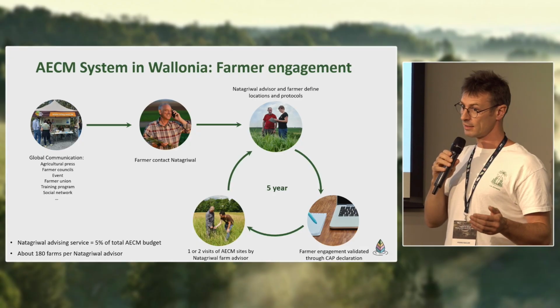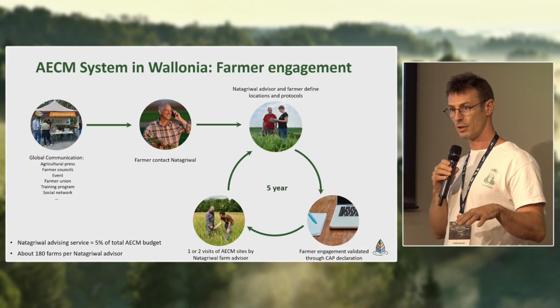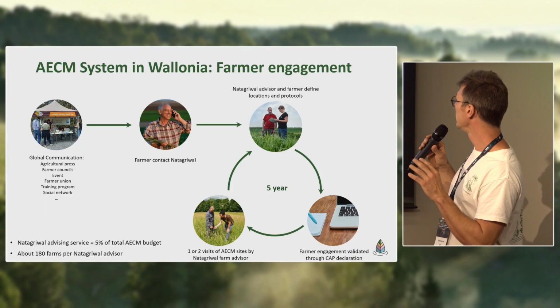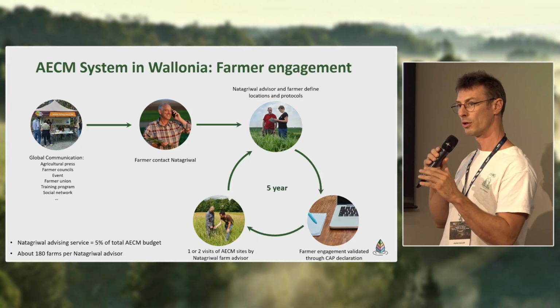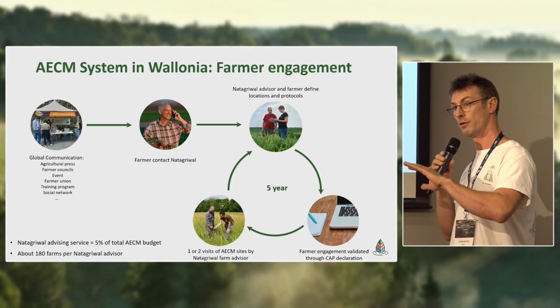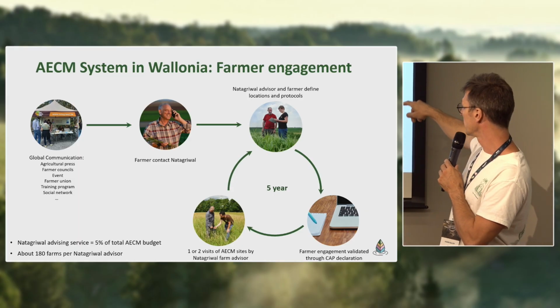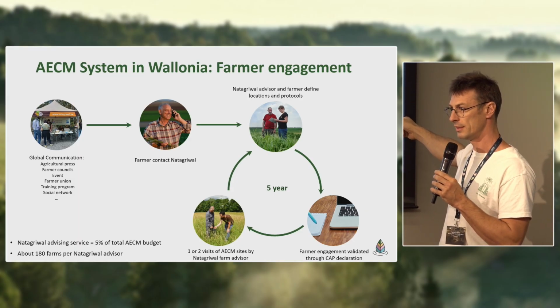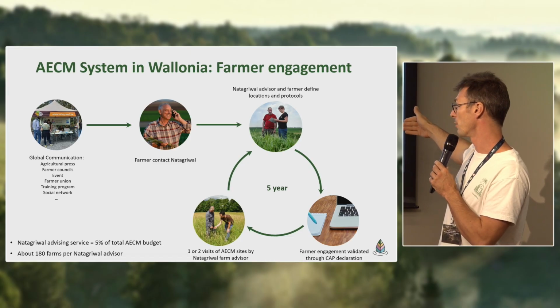So during this meeting, the farm advisor identifies a local issue with the farmer. They decide what kind of protocol or scheme they will put in the farm. The next year, the farmer can engage his scheme through the CAP declaration.